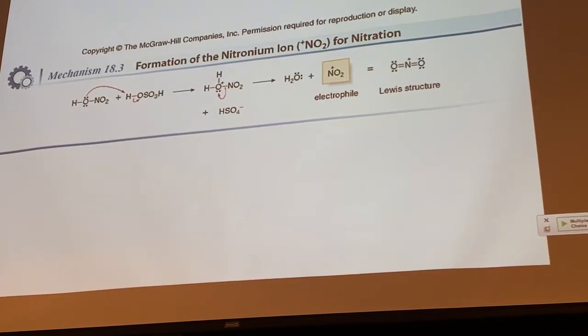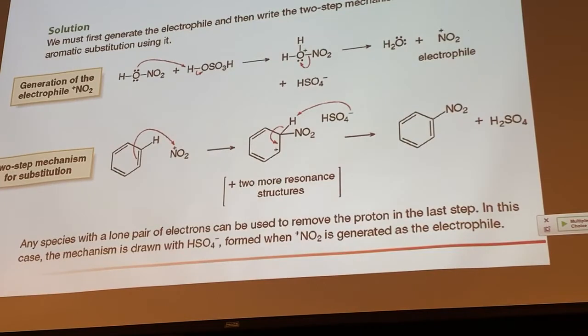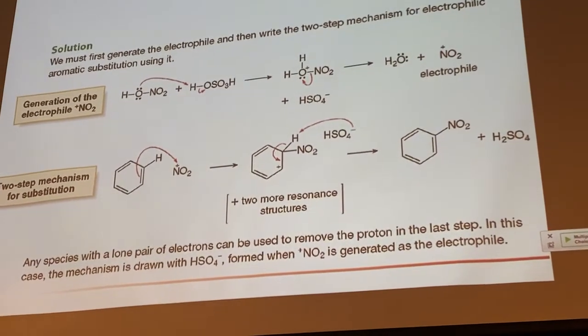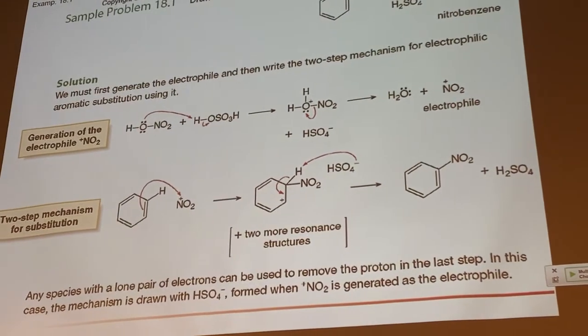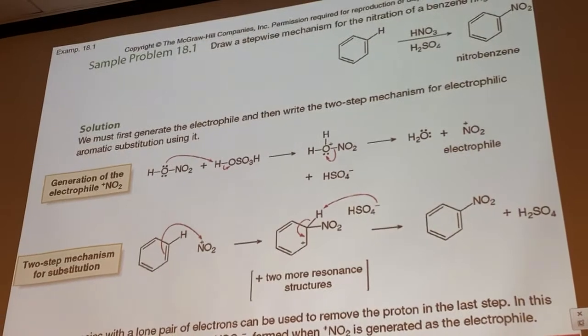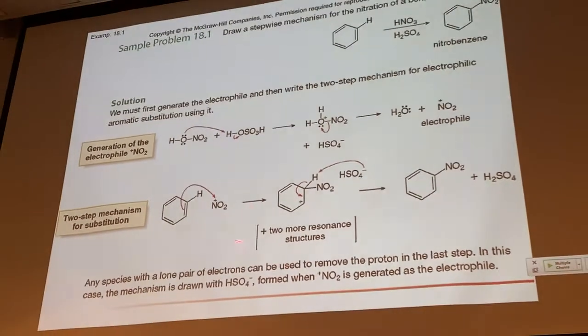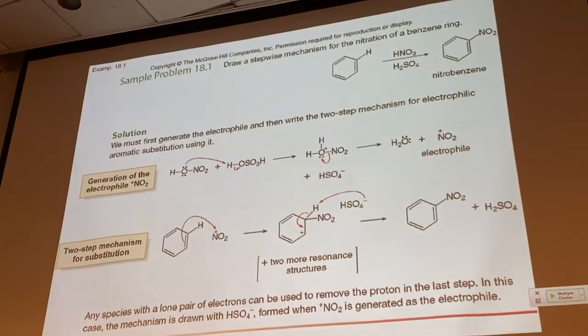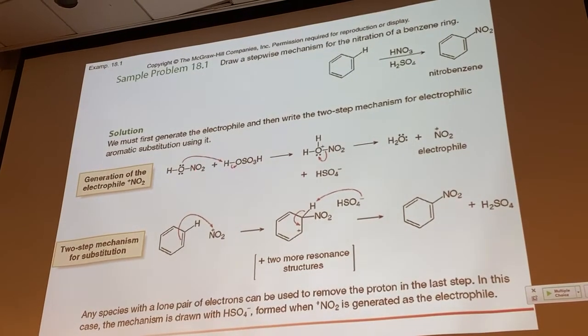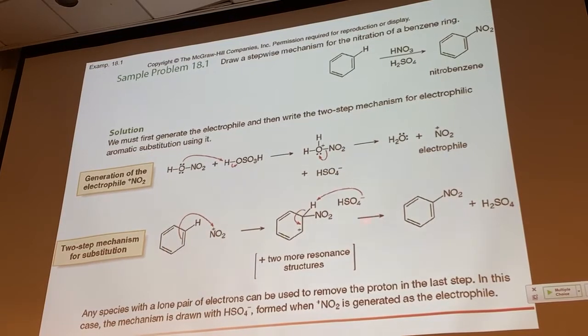We'll take a look at the rest of the mechanism on this page. So here they've shown you a little bit of forming the electrophile. I wish they would draw out the resonance structure like they did on the other slide, but you can draw that out too, the Lewis structure, I should say. And so our benzene ring attacks that central nitrogen that's positively charged, and then we get our resonance stabilized cation. I wish they would draw this out.